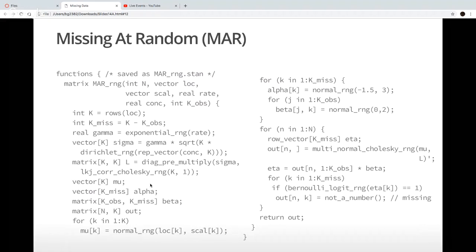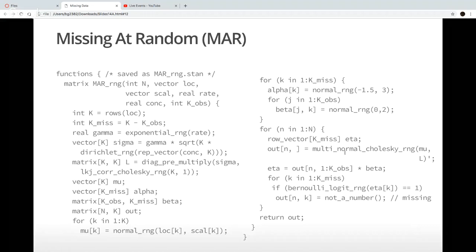It's just now I need priors on the alphas and the betas that I'm going to draw those intercepts and slopes from. When I actually get down to the loop over n, the number of observations, I'm going to again draw the true values from a multivariate normal distribution with mean mu and Cholesky factor L, which was generated the same way that I did before.